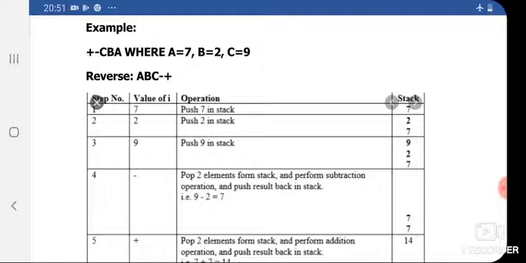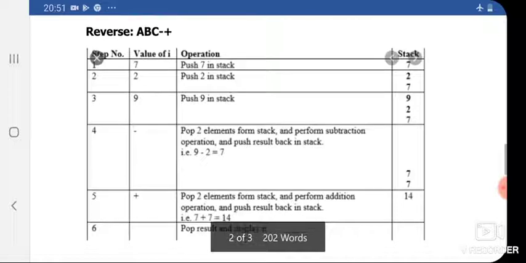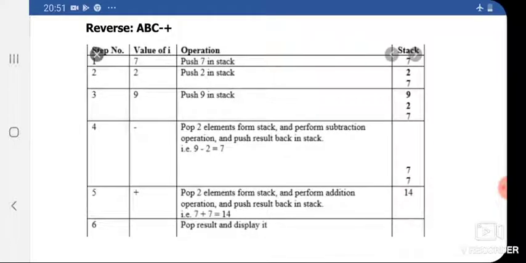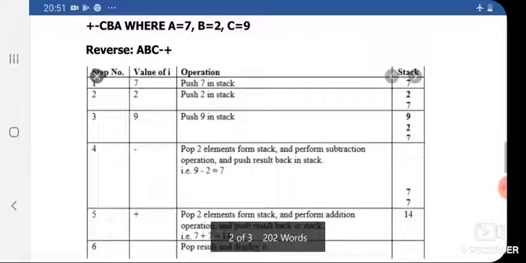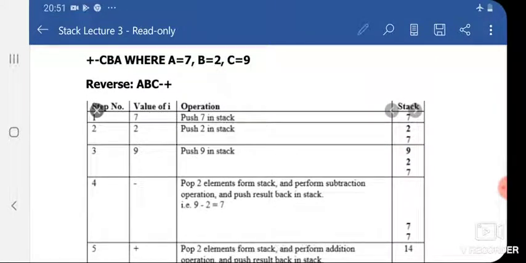Then I scan this expression character by character from left to right. So first a, which is an operand, I push it into the stack.